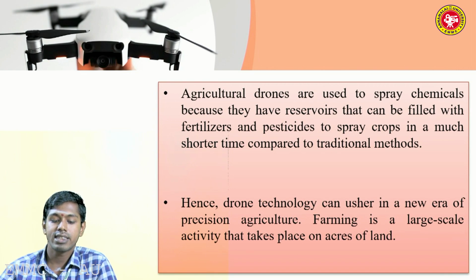Farming is a large scale activity that takes acres of land, because farming is not a simple activity; it involves a lot of acres of land, and through that land only the farmers can get an income.